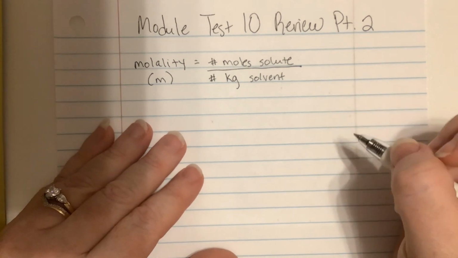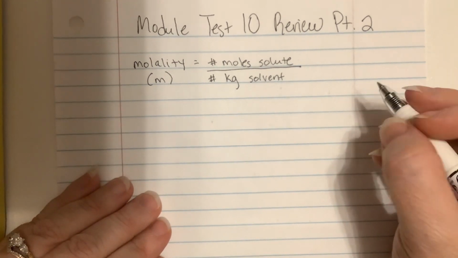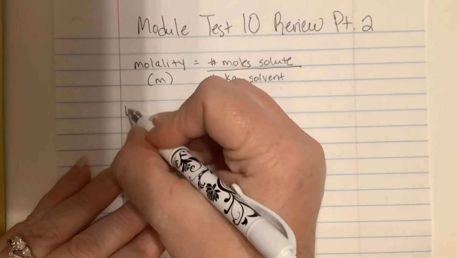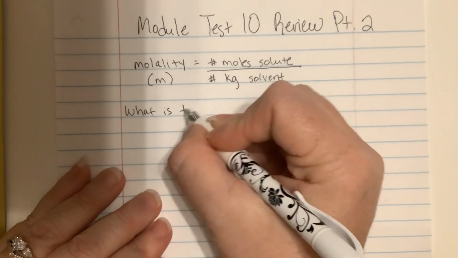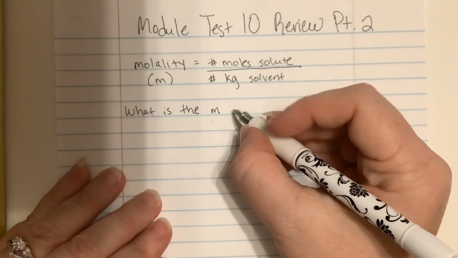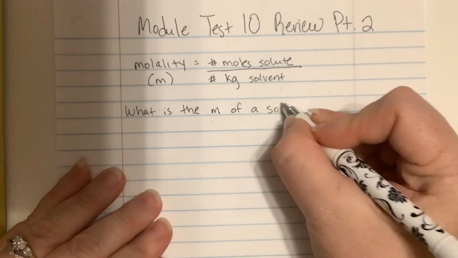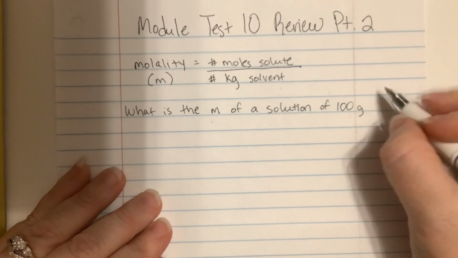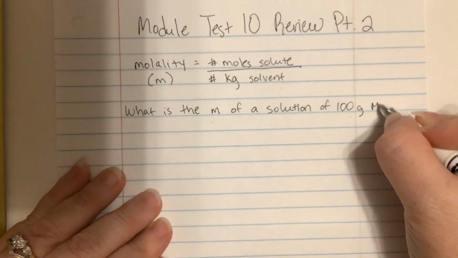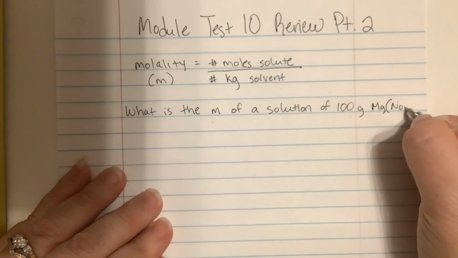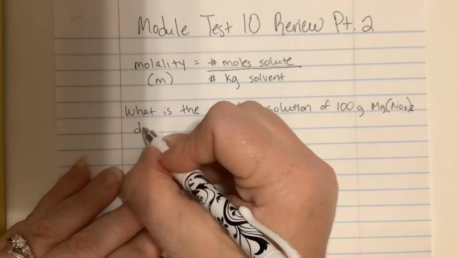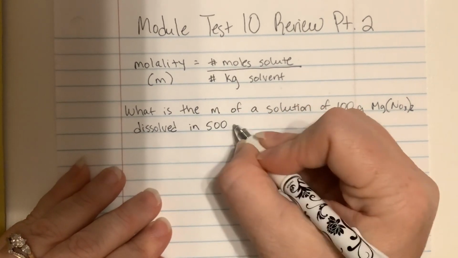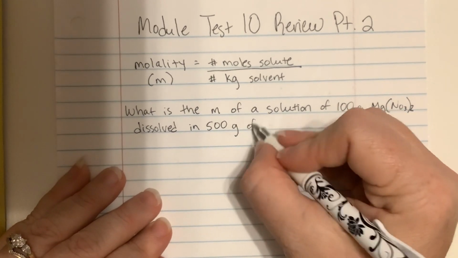All right, so for example, they may give you a problem that looks like this. What is the molality of a solution of 100 grams of magnesium nitrate dissolved in 500 grams of water?